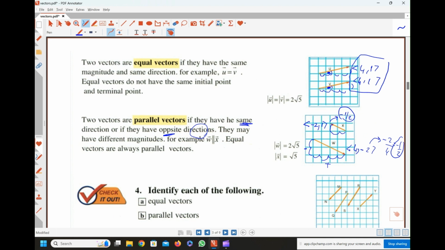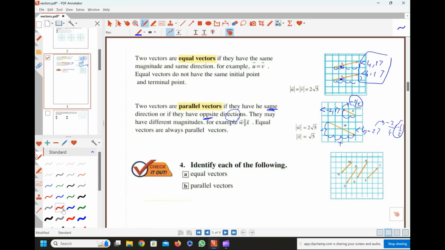All right? When you look at the first figure, did you realize that they also have the same ratio? See, 1 over 4, 1 over 4, they have the same ratio. So can we say that equal vectors are also parallel?